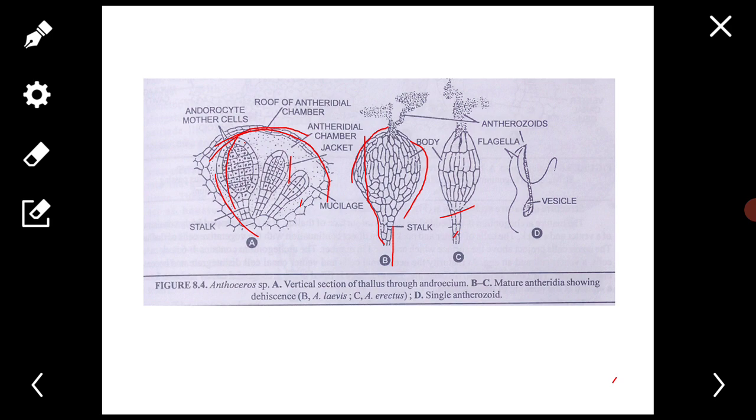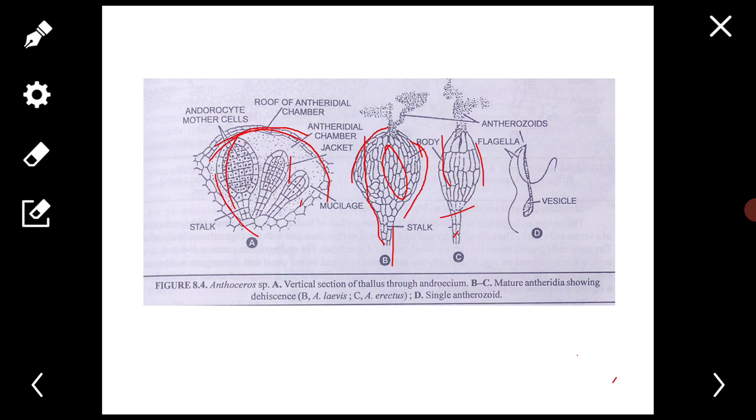The club-shaped body has a single-layered jacket enclosing a mass of androcytes. The cells of the jacket may be arranged in four superimposed tiers in some species, example Anthoceros erectus, or irregularly arranged in a single layer, example Anthoceros laevis, Anthoceros himalayensis.